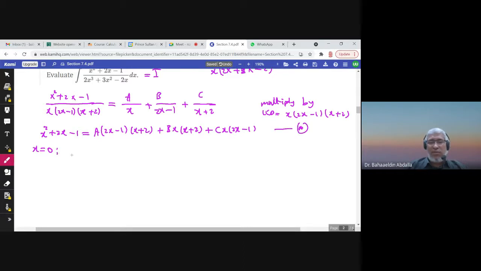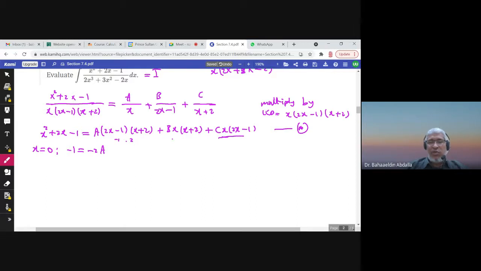In star, if x equals 0, I'll have negative 1 on the left-hand side. On the right-hand side, 0 minus 1 is negative 1, 0 plus 2 is 2, so I'll have negative 2a. While here, if I put x equals 0, this would be 0, and here also x equals 0, so this would be 0.